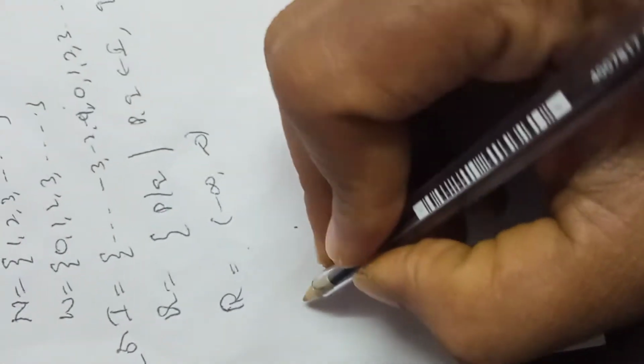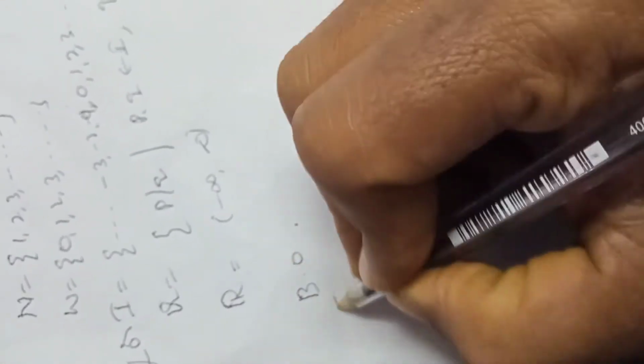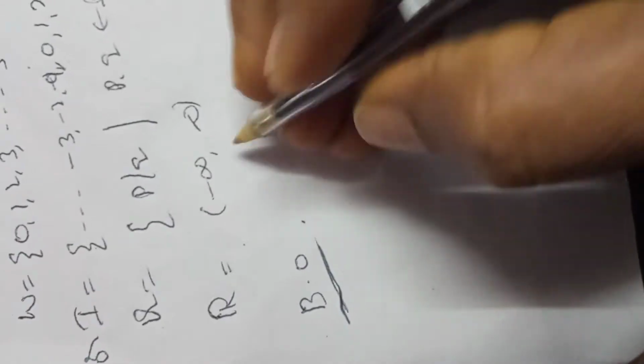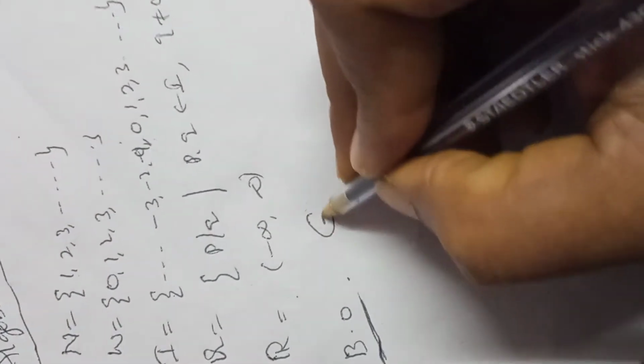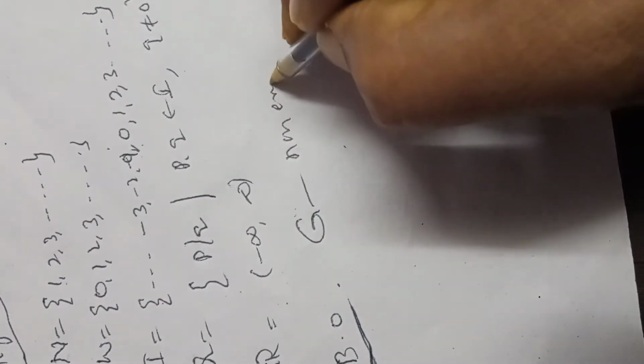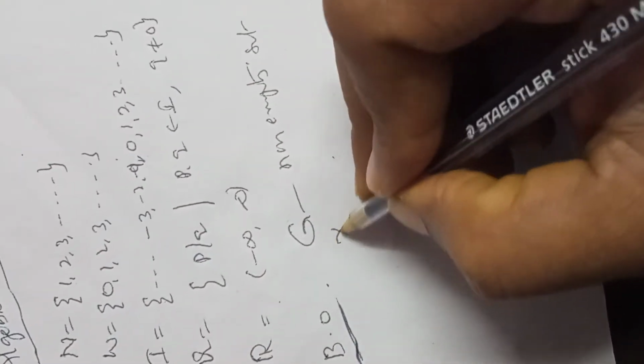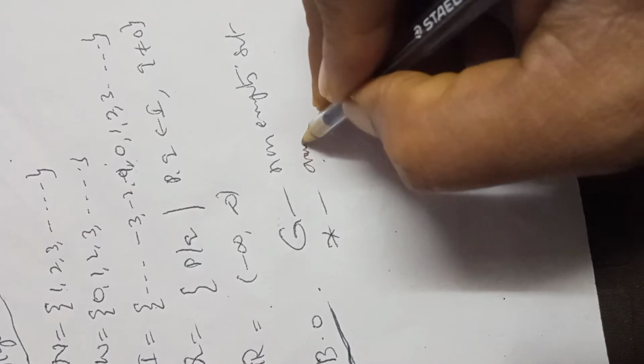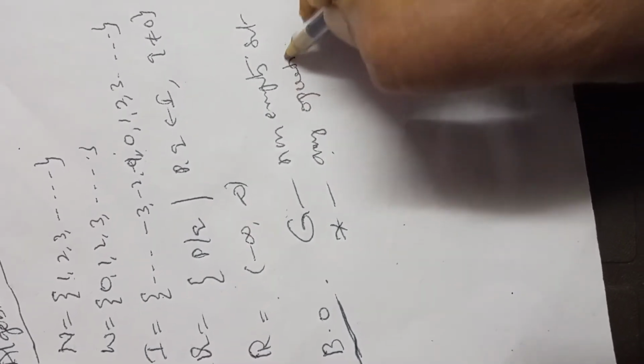First of all, we define binary operation. Now, G is a non-empty set and star is any operation.